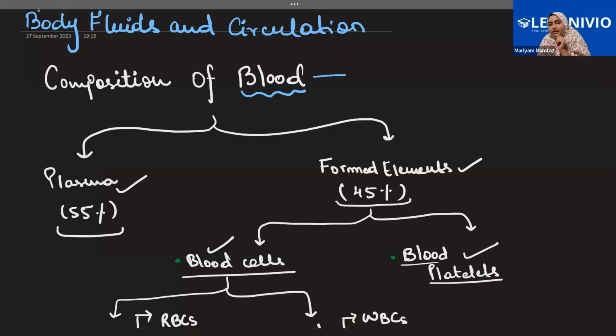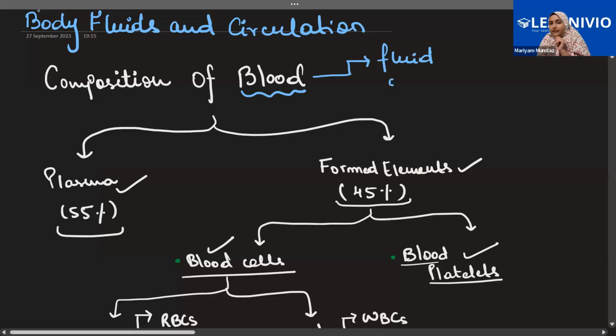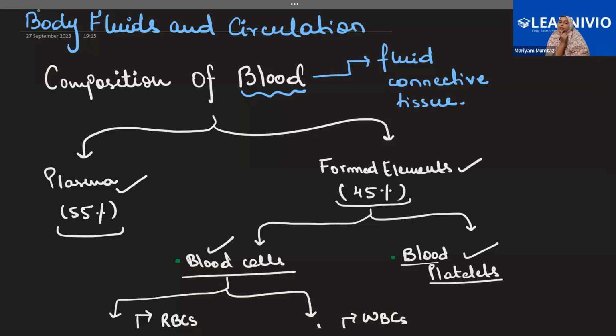No. And the reason why it's everywhere is because the blood is the fluid connective tissue. I hope that you people remember it from class 10. Fluid connective tissue. Now let us see what is the composition of the blood, meaning what the blood is made up of.